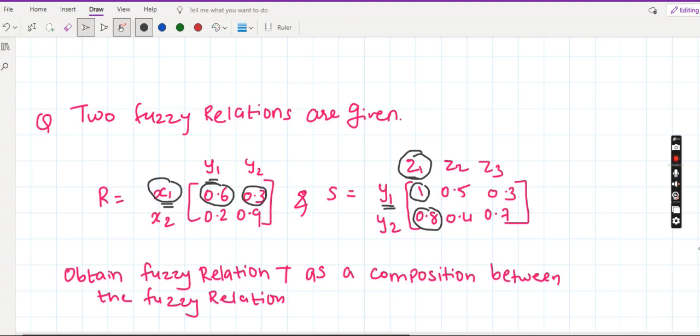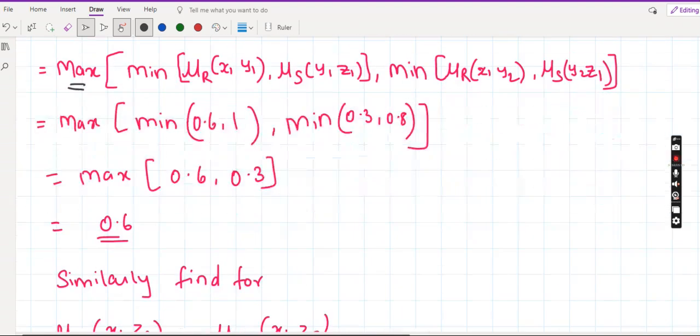So this is how you find the relation. I put in all those values: x1 y1, y1 z1, x1 y2 and y2 z1. Find the minimum in each pair, and whatever the values, you find the maximum of those two values, which is 0.6. So this is how we find the relation between x1 and z1.